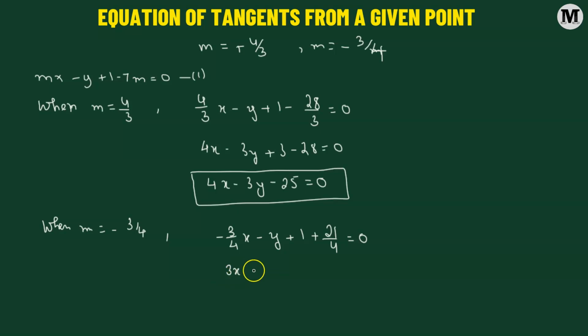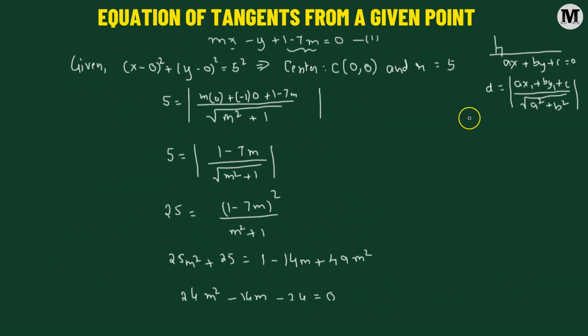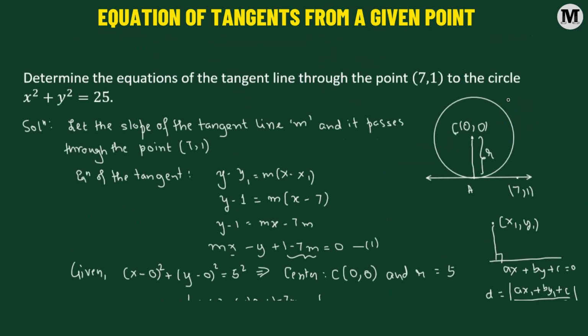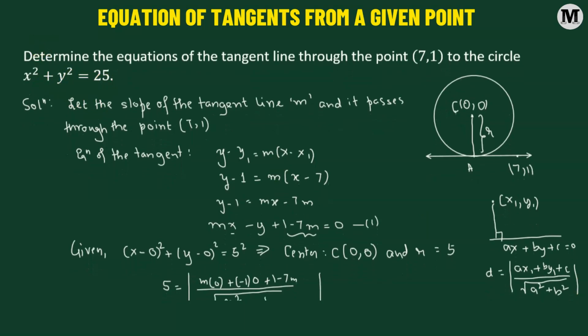So we get 3x plus 4y minus 4 minus 21 equals 0. This gives us the equation 3x plus 4y minus 25 equals 0. This is the equation of the other tangent line, and both of the two tangent lines pass through the point (7, 1), and they are tangent to the circle x squared plus y squared equals 25.